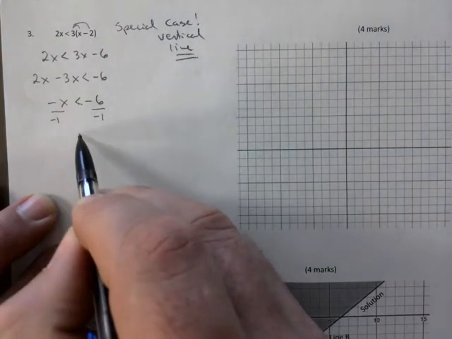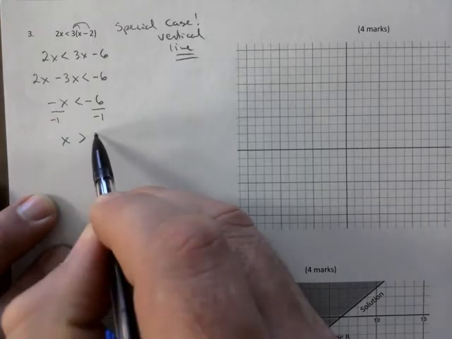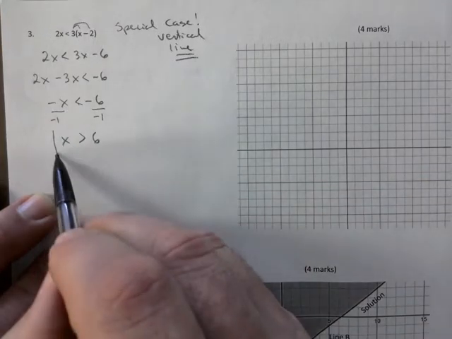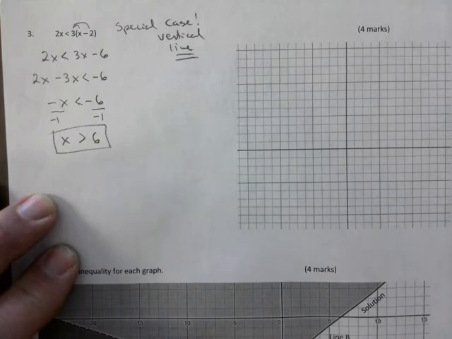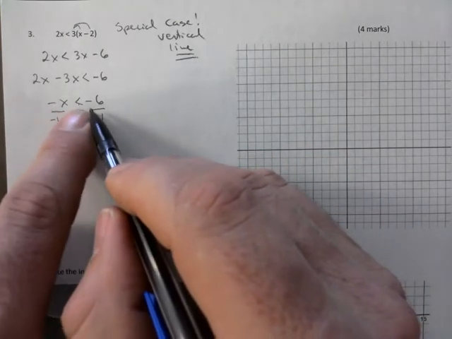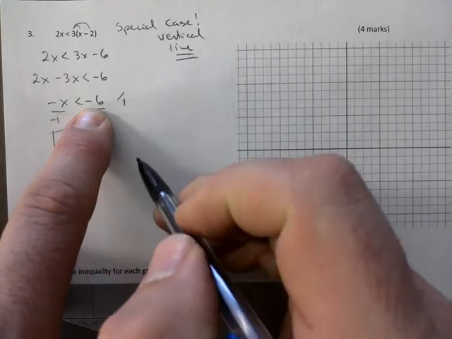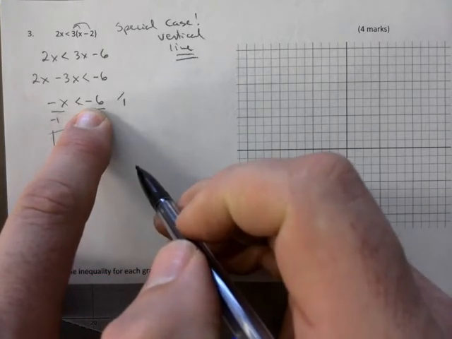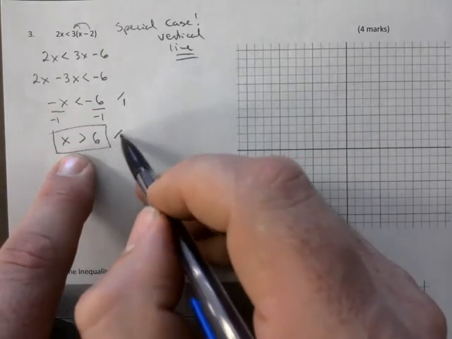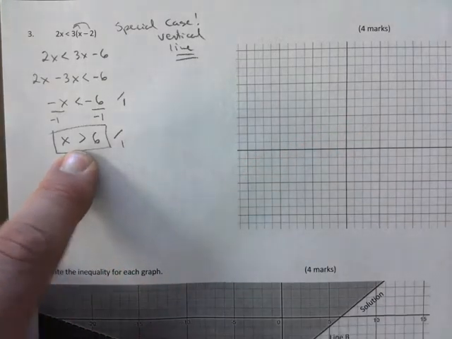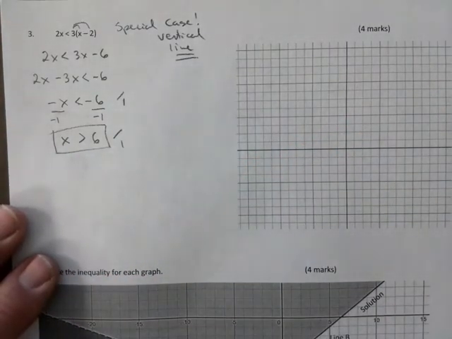And it's at that point where you actually flip the sign. I would give you a mark. If you get it to here, I would give you already a mark there. And then this one last step here where you have to flip the sign, I'd give you another mark for that.